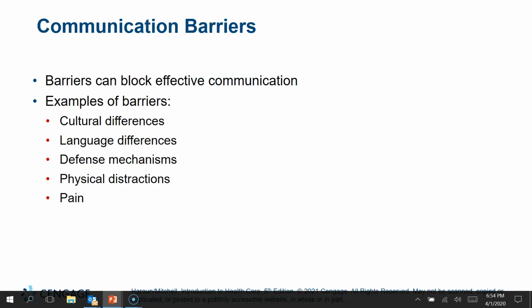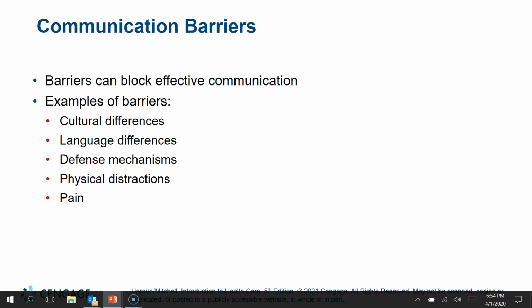What happened with that patient is she went back to family in DC, where there were physicians that spoke her language. And as a physician, I would be very uncomfortable trying to work with somebody who had no idea what I was saying. So those are some of the things that we look at with language differences.